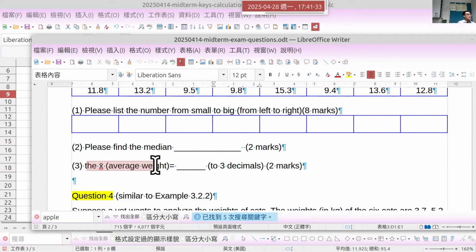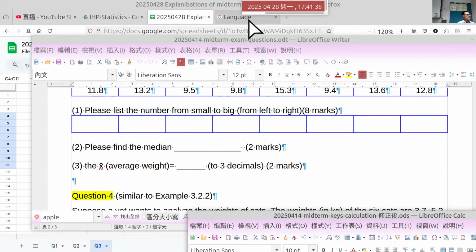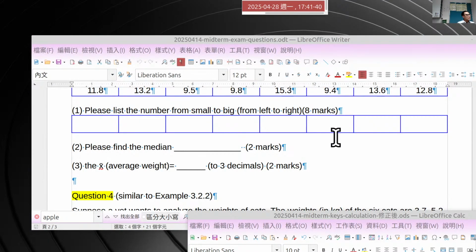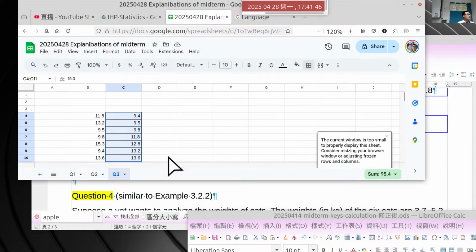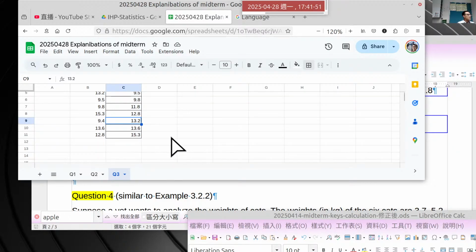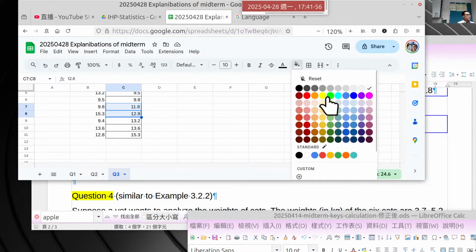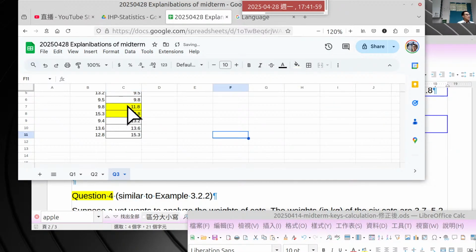The median: there are 1, 2, 3, 4, 5, 6, 7, 8 values, and the average of the middle two, 11.8 plus 12.8 divided by 2, will be 12.3.